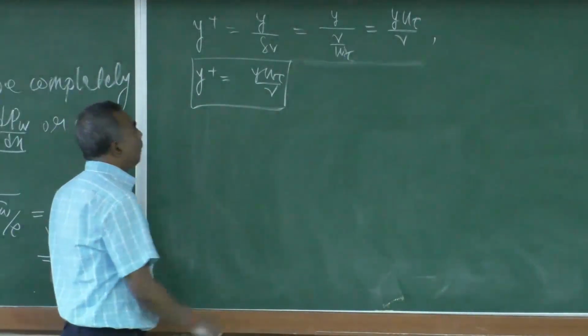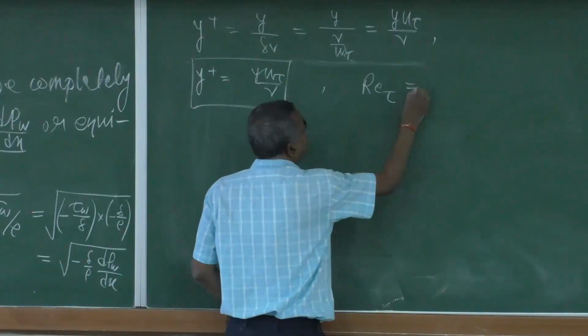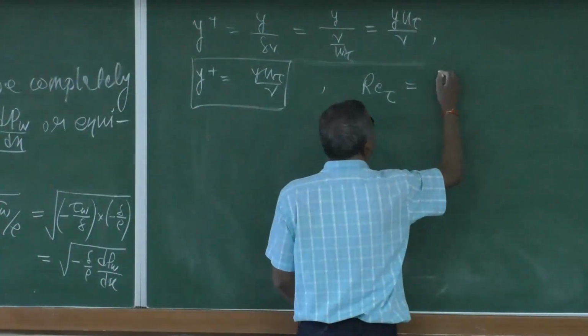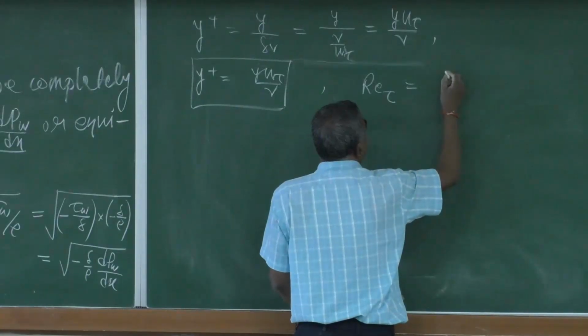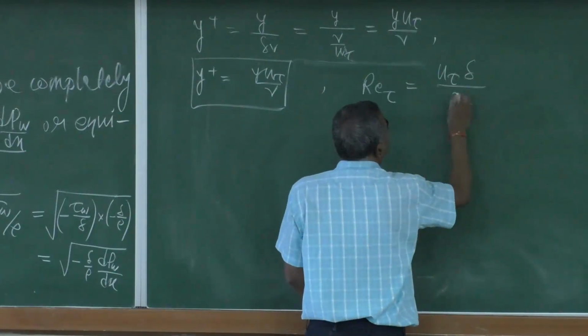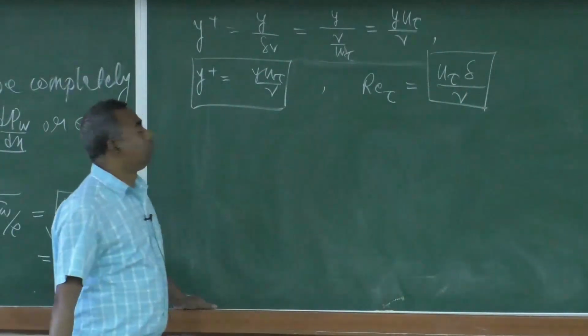Another quantity is R e tau, the Reynolds number based on u tau. It is defined as u tau delta by nu. This is what is called the turbulent Reynolds number.